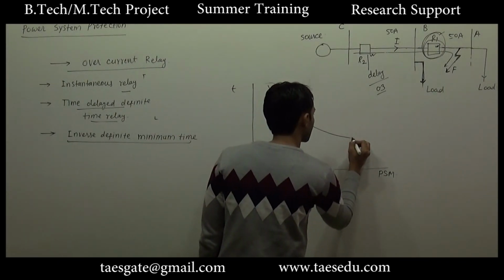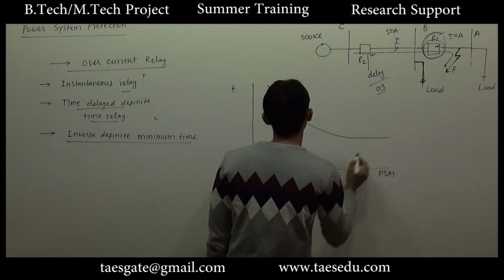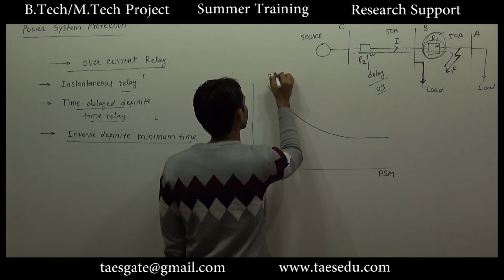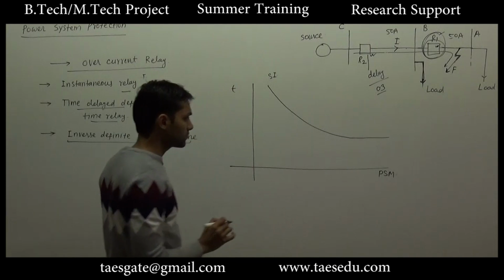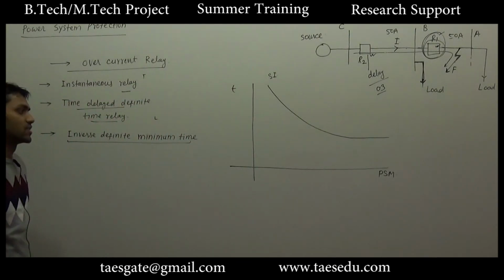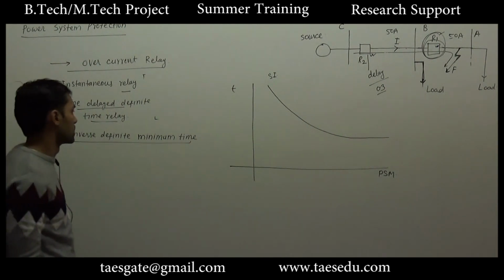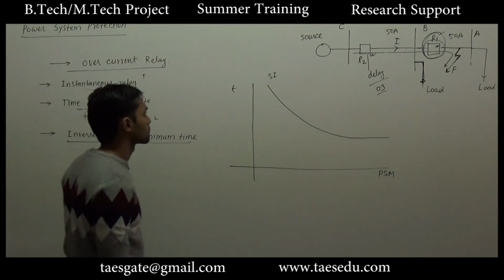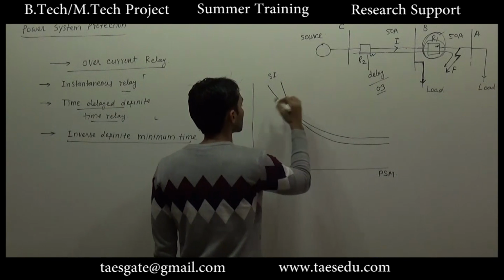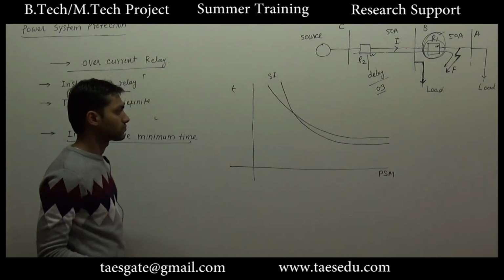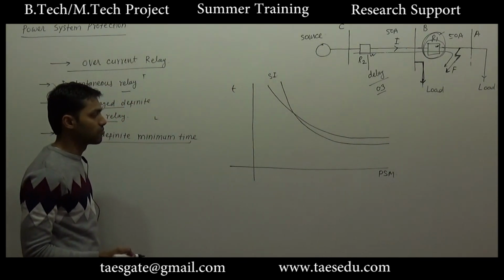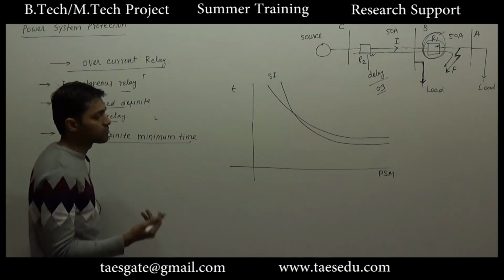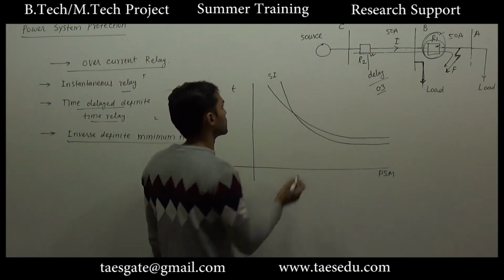Let's say this curve represents a standard inverse relation. In the second graph, the time of operation reduces at a faster rate with PSM.